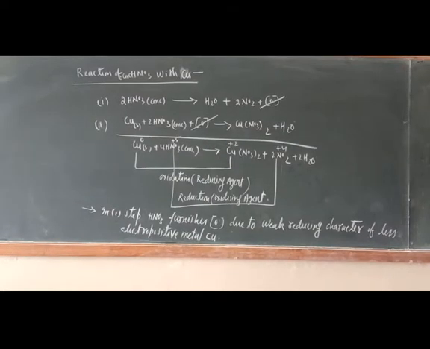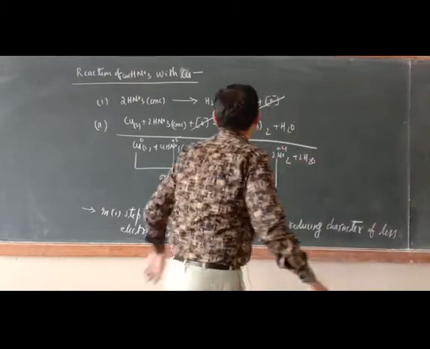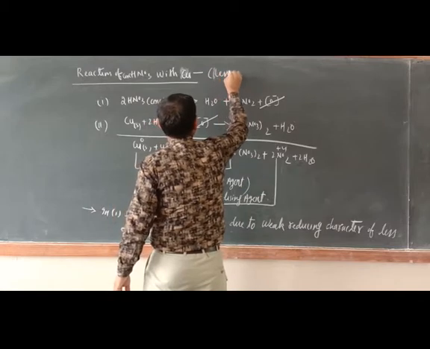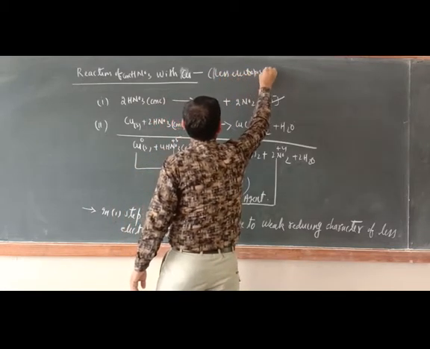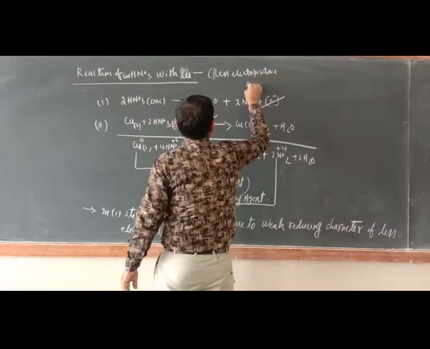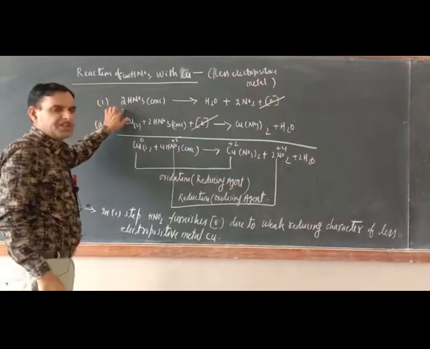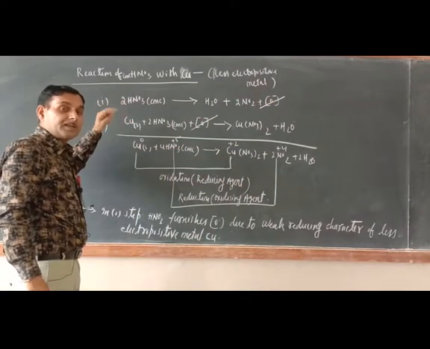So just, dear cadets, see the reaction of concentrate HNO3 with copper. Copper is a less electropositive metal. Just try to understand. As compared to zinc, step number one is now different. In case of zinc, what was there?